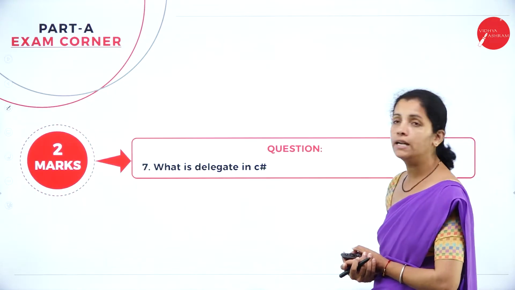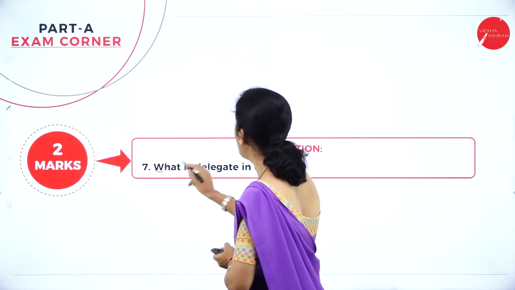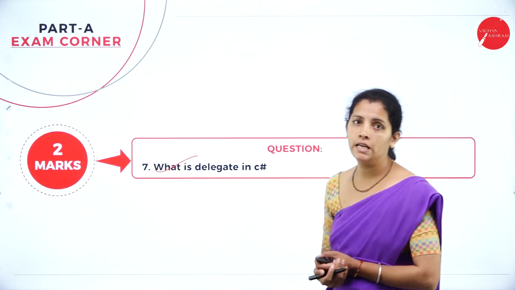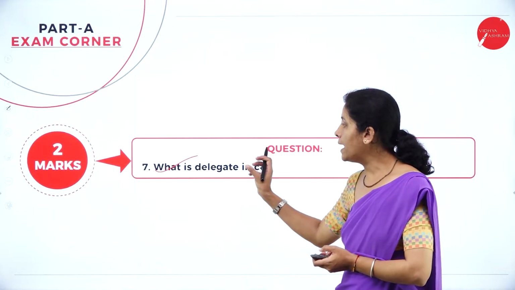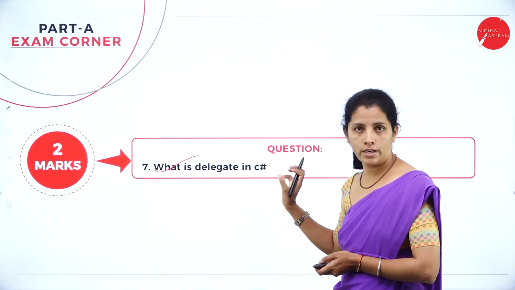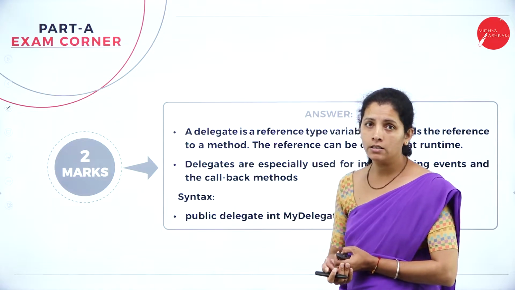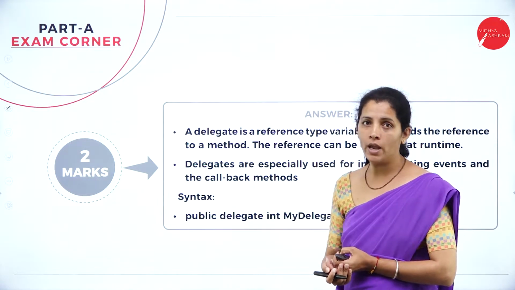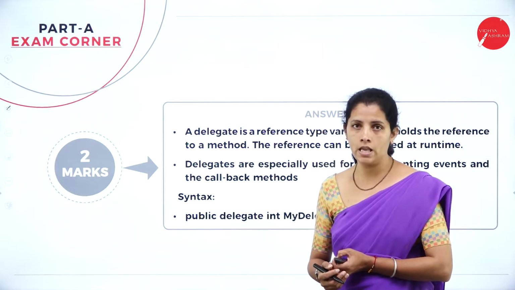Now, dear student, I am going to take the seventh question, that is, what is a delegate in C#? So, dear student, when it is delegates, just remember the pointer concept. What is a pointer? A pointer is a variable used to hold the address of another variable.